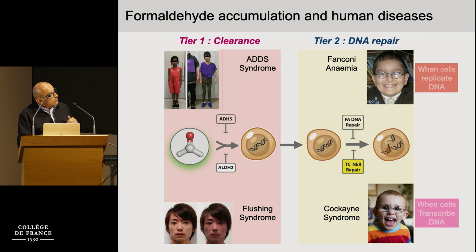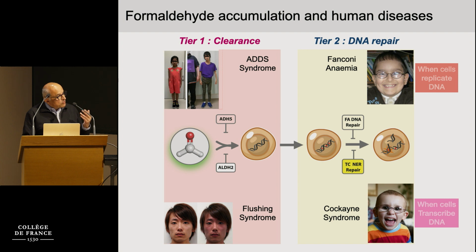But if you were to overwhelm or lack tier 1 protection, then you're entirely dependent on two DNA repair pathways, the first being the Fanconi repair pathway, which actually uses DNA replication to repair DNA crosslinks. And that is why it predominantly affects cells that rapidly divide, like those in the blood.